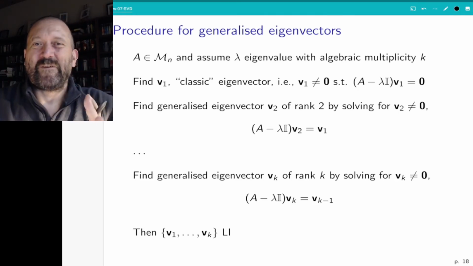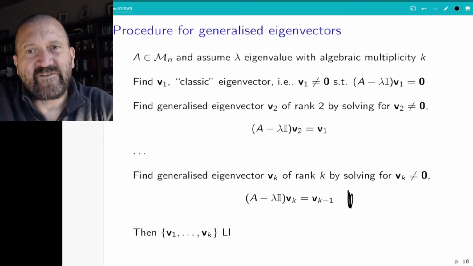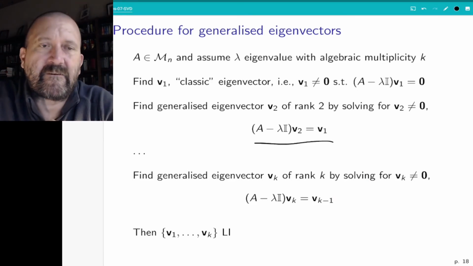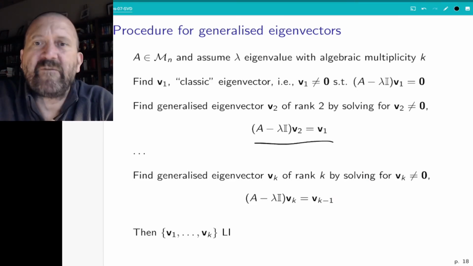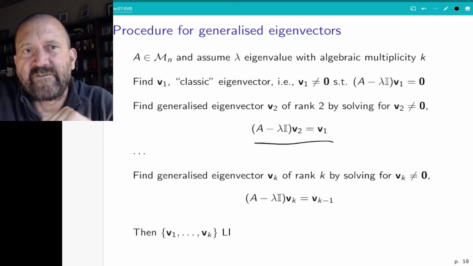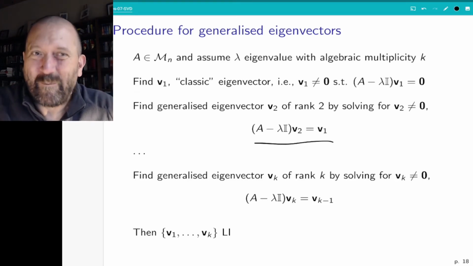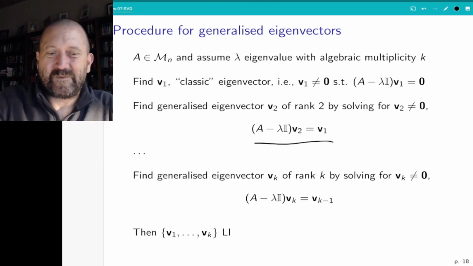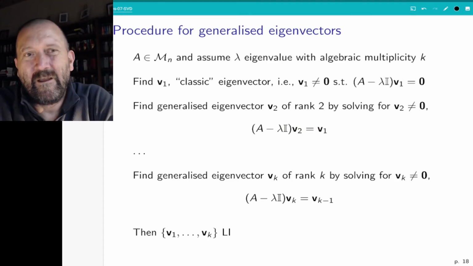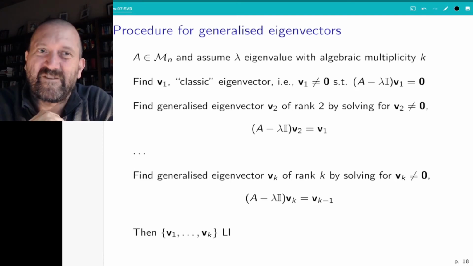Let me just point out, you might not need to go all the way to here, because it is possible that, for instance, if I'm computing this guy here, I might find two linearly independent solutions V2 that satisfy this. Okay, so once you have enough, you can stop. That's essentially the way you can do. Okay, but let's say that every time you get out a single vector, then at the end, what you have is a linearly independent set.